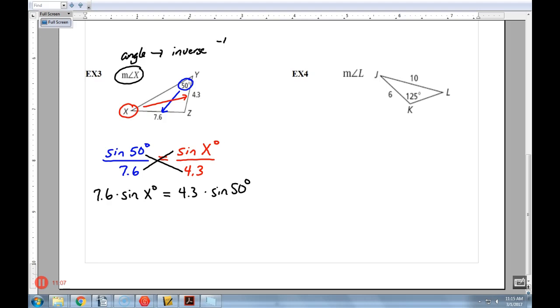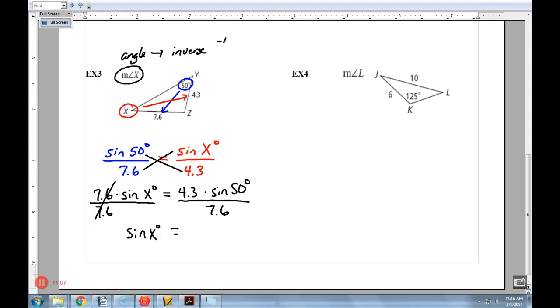This one is going to be a couple steps. First thing I need to do is get the sine of x all by itself. So I'm going to divide this side by 7.6, and divide this side by 7.6. These are going to cancel. And now I'm not going to get x, but I'm going to get the sine of x equals.